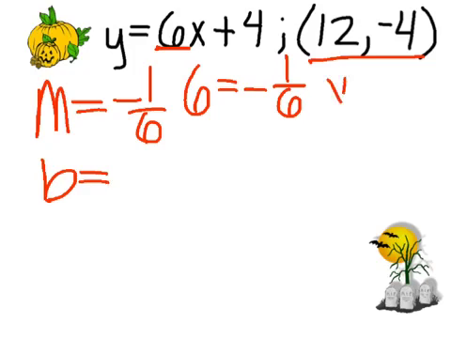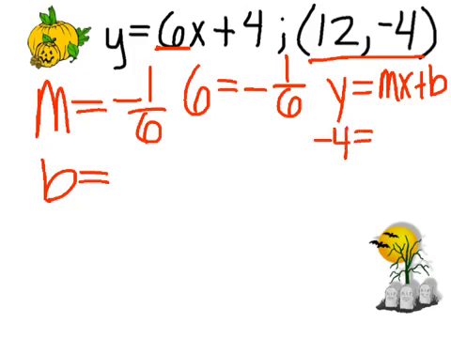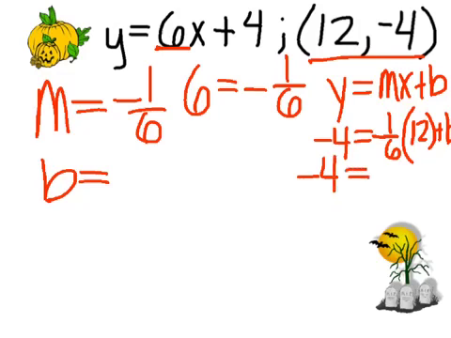Remember, we find our y-intercept the same way. We have y equals mx plus b. We plug in, what are we plugging in for y? Negative 4. Our slope is negative 1/6. What are we plugging in for x? 12. Plus b. What is negative 1/6 times 12? Negative 2.